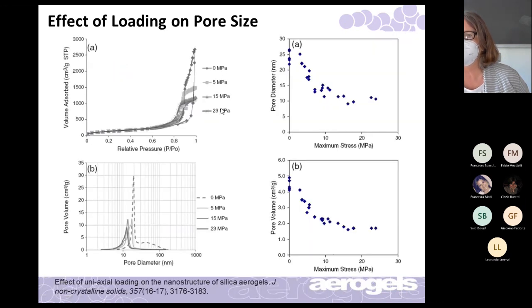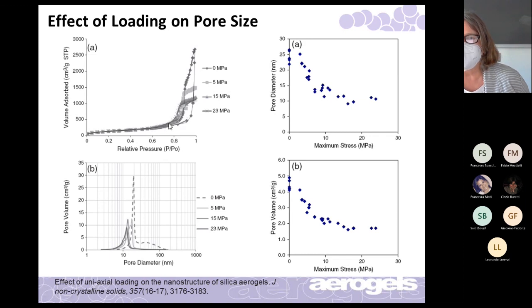And from yesterday, remember, this is the isotherm. With no loading, you have your maximum volume adsorbed. And then that decreases with loading. And the other thing I mentioned yesterday is that this is adsorption, desorption.